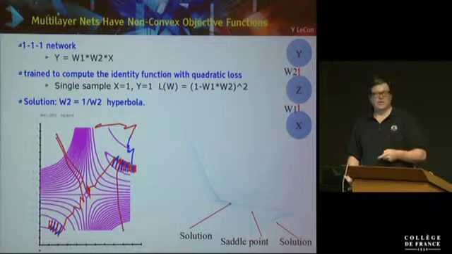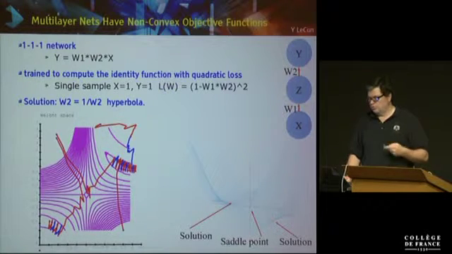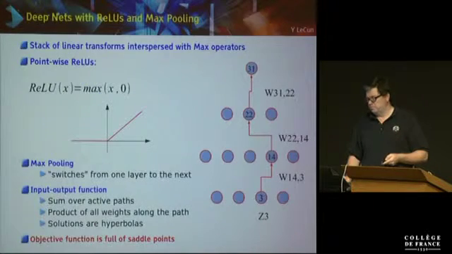This argument was used against multilayered neural networks in the 90s. People said it's not convex, so there's no guarantee that the system will converge.